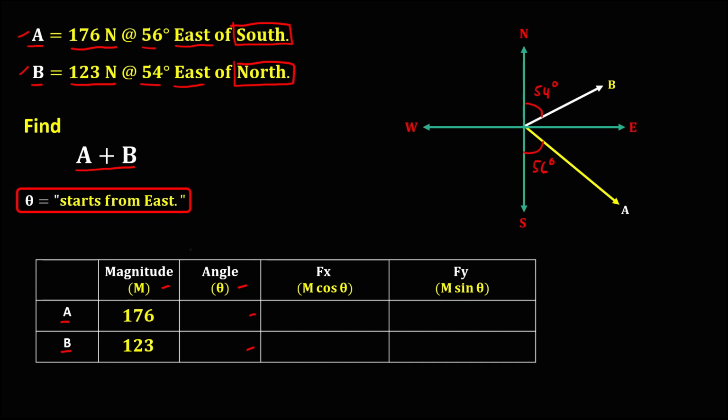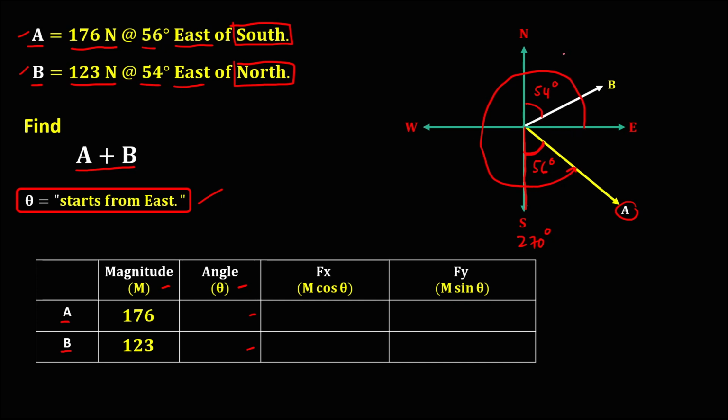So to find theta for vector A, observe that this angle touches this quadrant, and this is 270 degrees. Since theta starts from east, going from east to vector A, observe that this angle is inside this rotation.